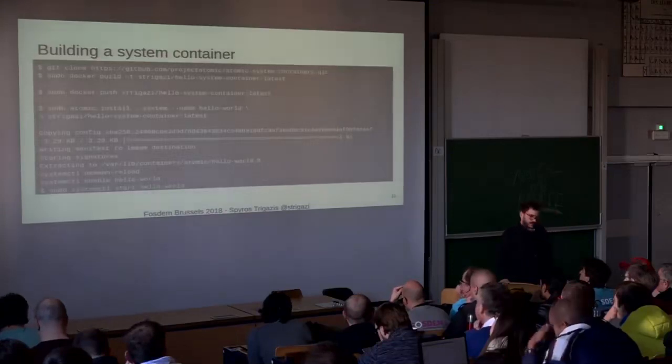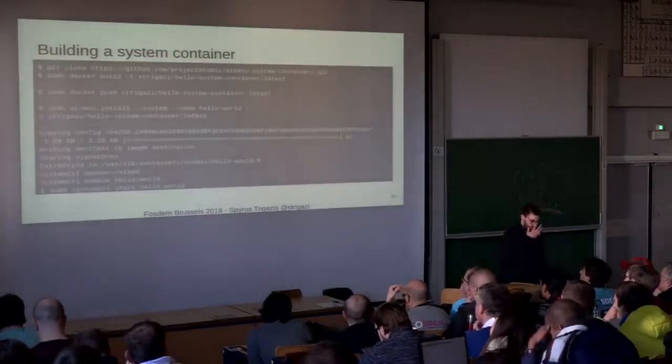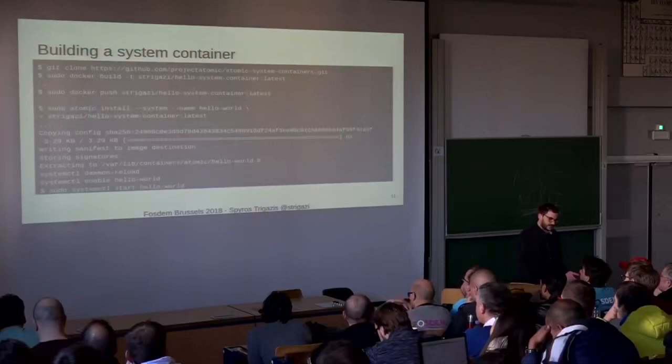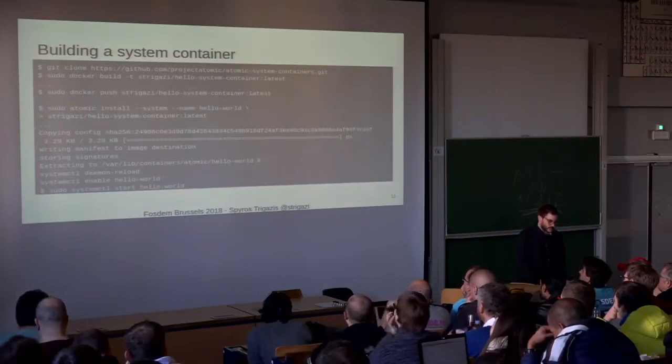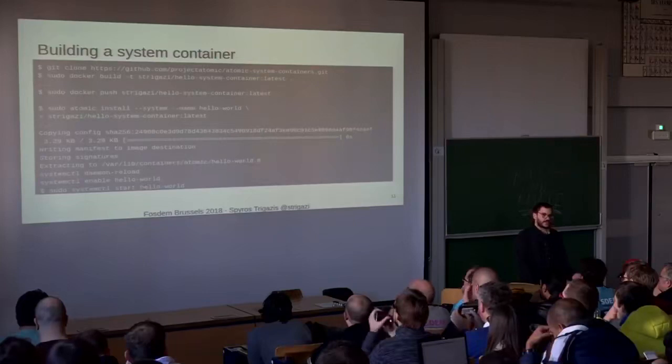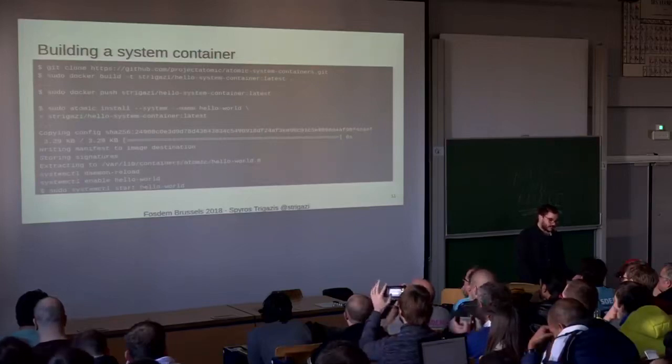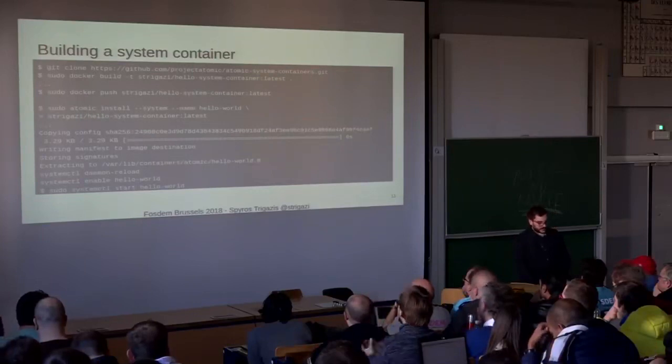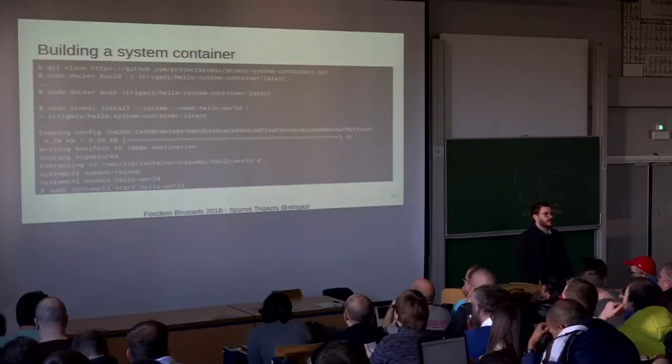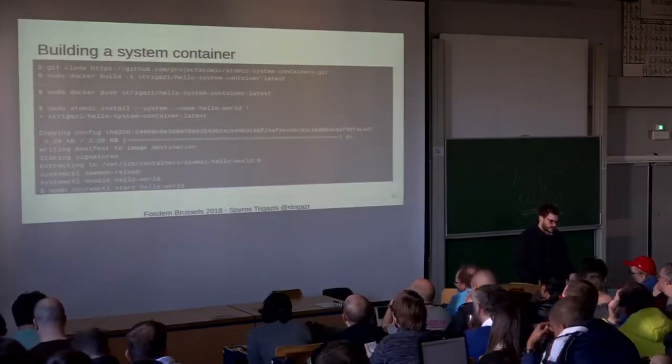So this is how it looks to build the container. There is a hello world example, of course, in the atomic system containers repo. You just build the hello world container as a normal one that you would do with Docker, and then you push it to a registry. Then you can just do atomic install, which is only on an Atomic host, but is also available in Debian-based systems.